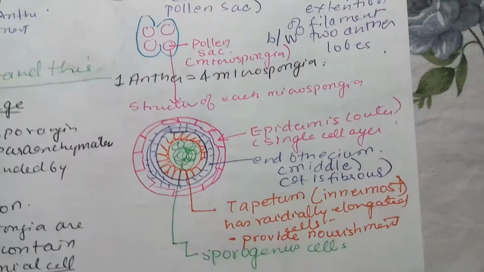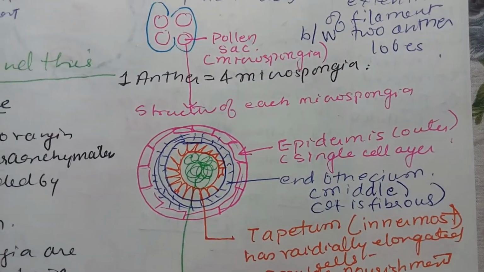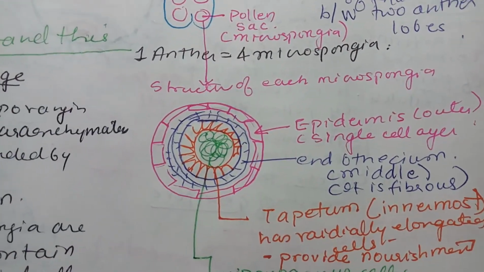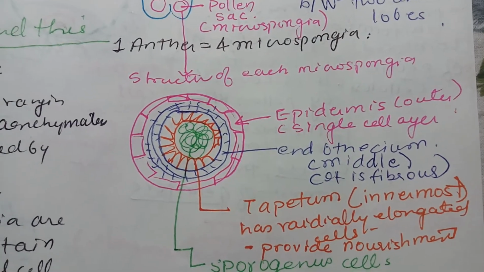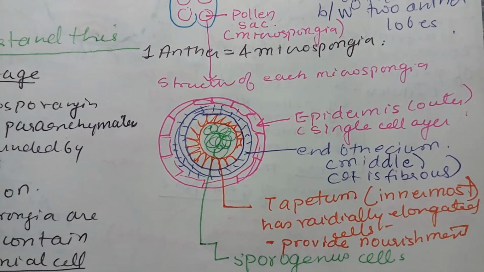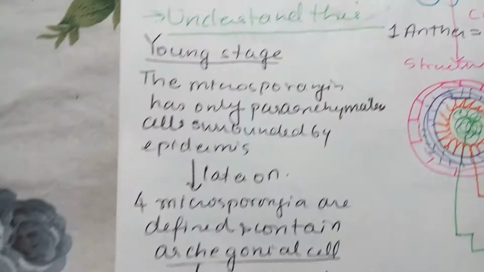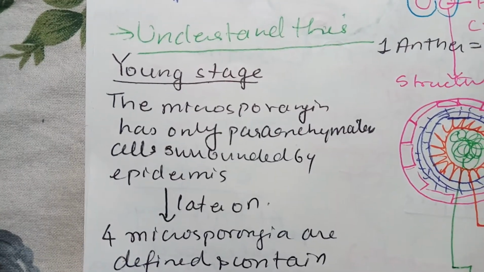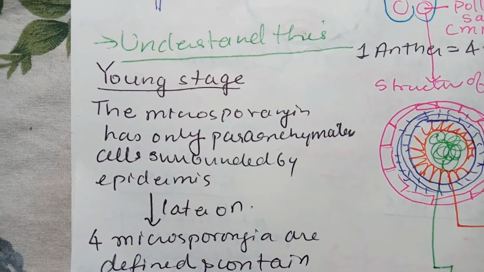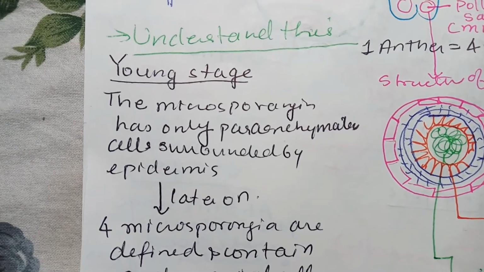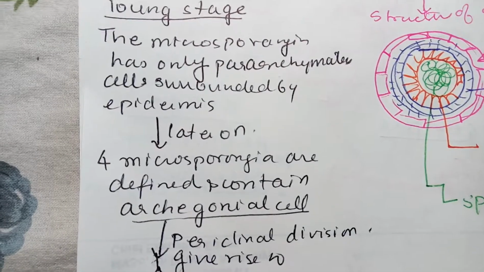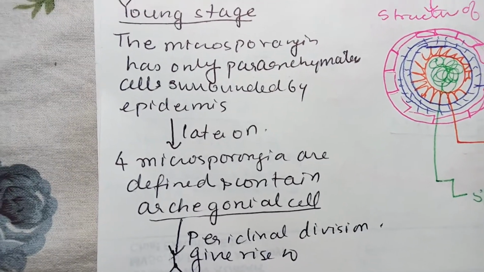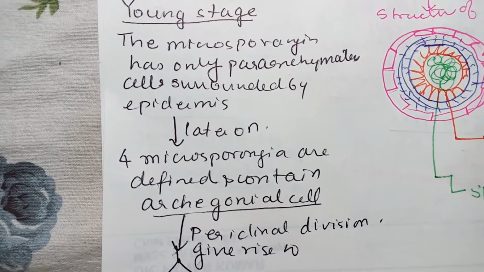So if you look at the structure of microsporangia, first this is the structure of mature microsporangia. If you look at the young stage, how the development occurs. At the young stage, the microsporangia has only parenchyma cells which are surrounded by epidermis, and later on when the 4 microsporangia are defined, they contain archesporial cells.